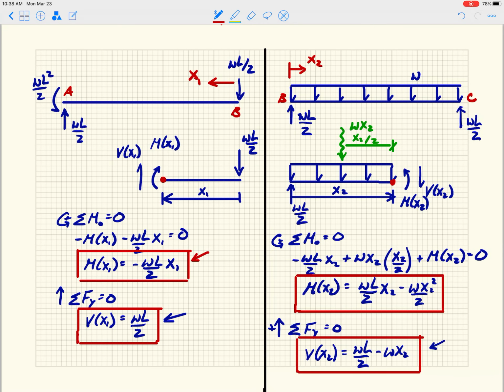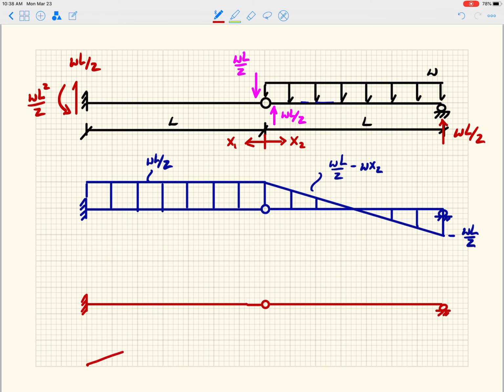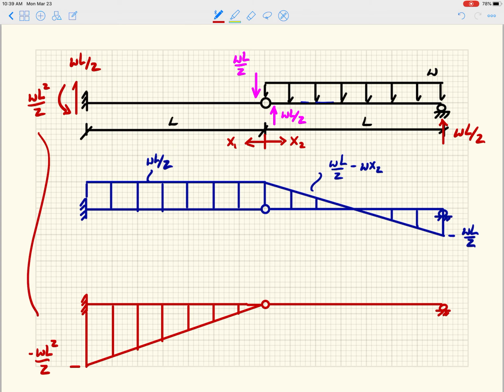And then it varies linearly, and when x1 equals 0, the moment is 0. Right? So this guy does something like that.